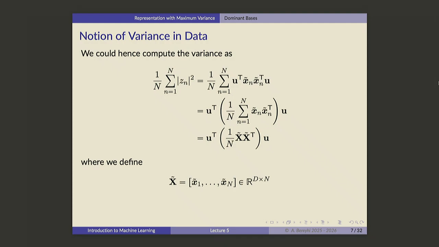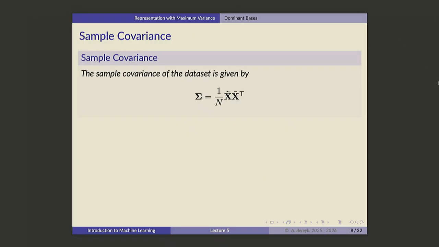So this guy that you see inside is actually an approximation or estimation of what I wrote on the board if instead of 1 over n summation I have expectation, right? And this is why you call it sample covariance, because this is the way that you can approximate the covariance matrix of your process from the data set that you have. Everybody's cool?